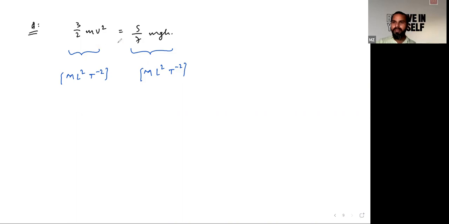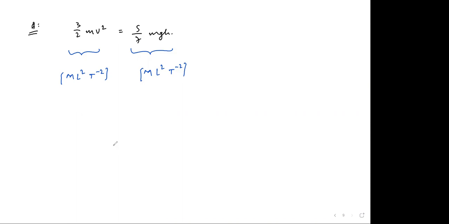So from this we can conclude a dimensionally correct equation may or may not be correct on the basis of their proportionality or coefficient term. But if an equation is dimensionally incorrect, it will always be wrong. Is it clear? Yes, sir.